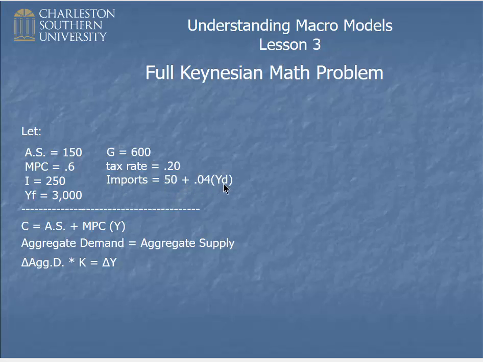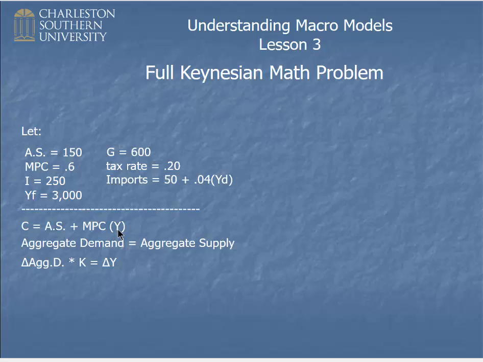This looks complicated. You haven't seen this before. So the import function is modeled exactly like the regular consumption function, right? So this is regular consumption that you had before. So how much we import depends on some autonomous imports plus some marginal propensity to import times this. Now before you had Y, right?